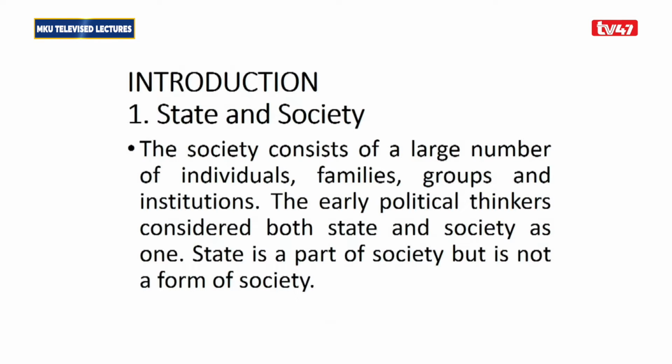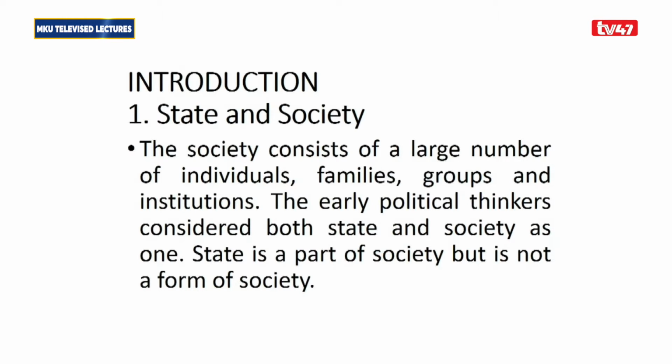Different thinkers tried to bring out some definitions and also some differences. We may view state to be the same as society, but different scholars try to demarcate, and they found that state is part of the society, and therefore we can't say that state is the same as society.